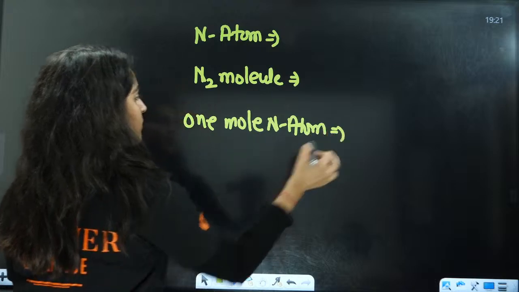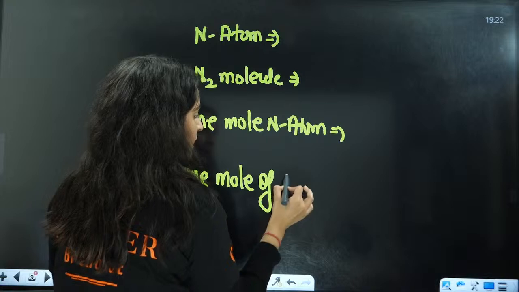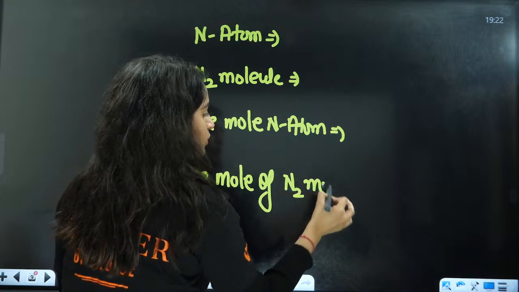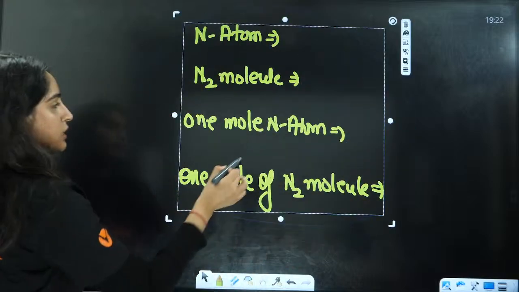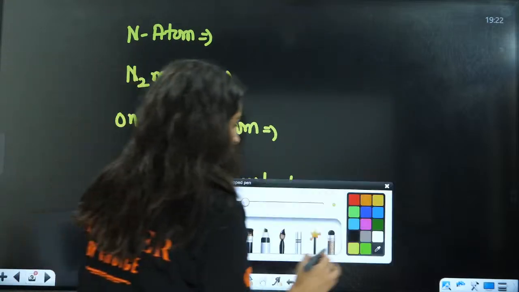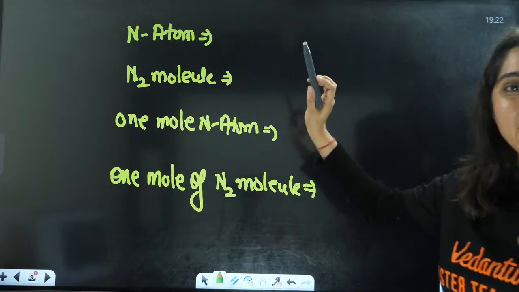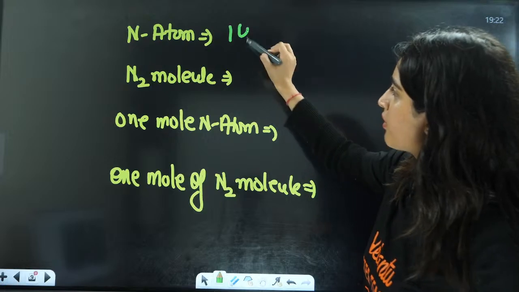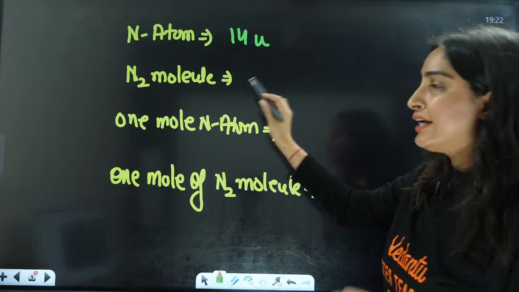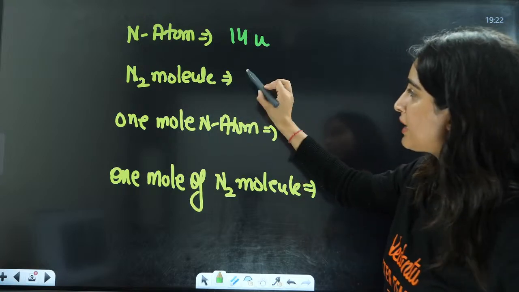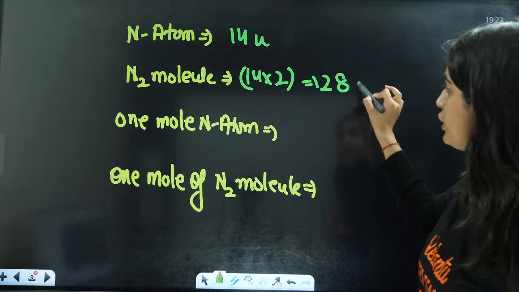I am talking about 1 mole of N2 molecule. So everyone, what is going to be the answer here? Very basic thing. One nitrogen atom, I will say this is 14 U. One N2 molecule means I will say 14 into 2, that is 28 U here.